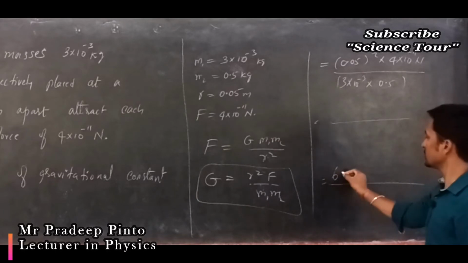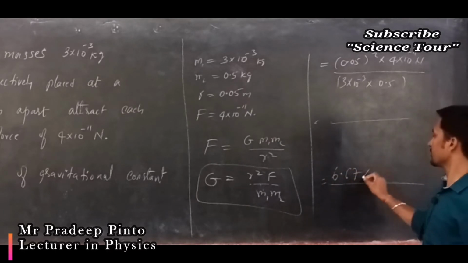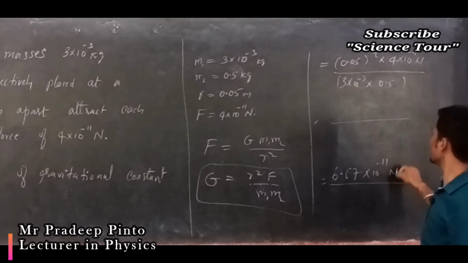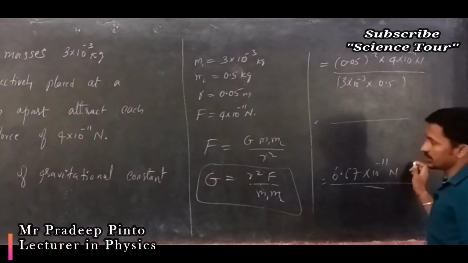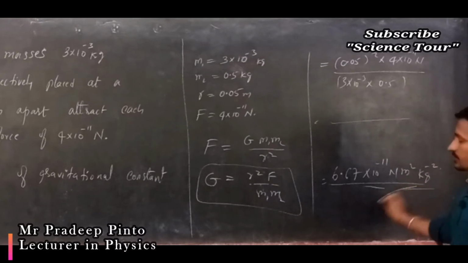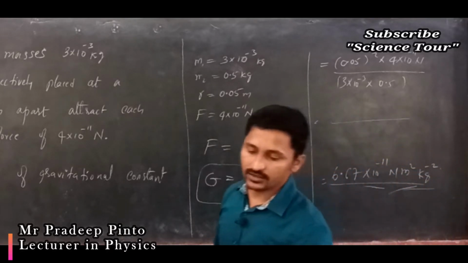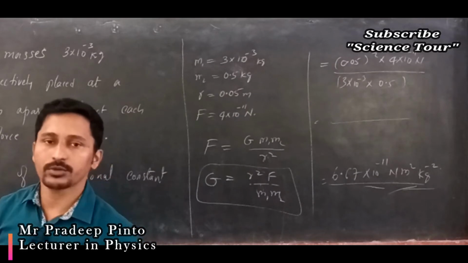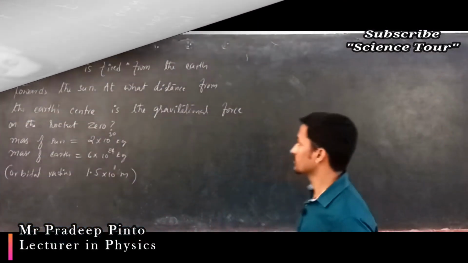You are going to get 6.67 into 10 to the power minus 11 Newton meter square per kg square. This is the answer you are going to get for the problem. So this is one of the problems we have discussed.